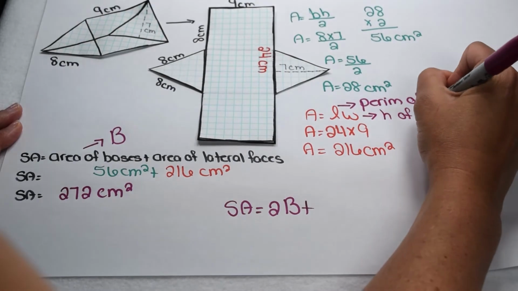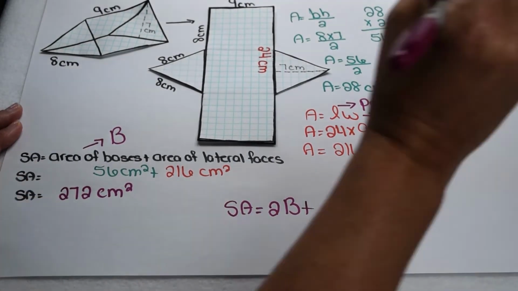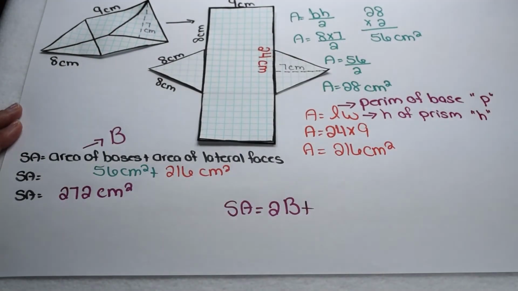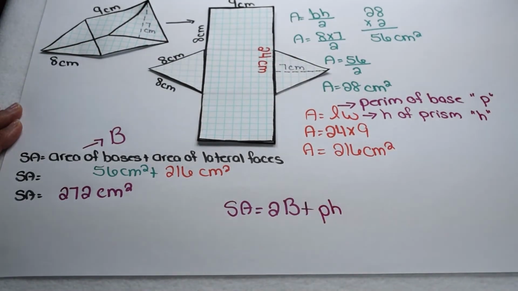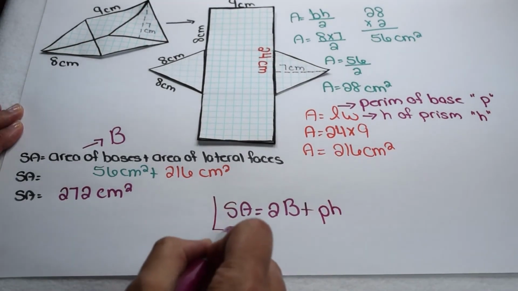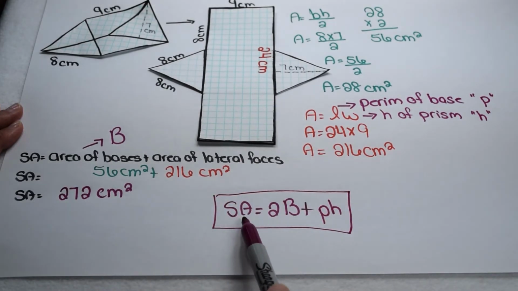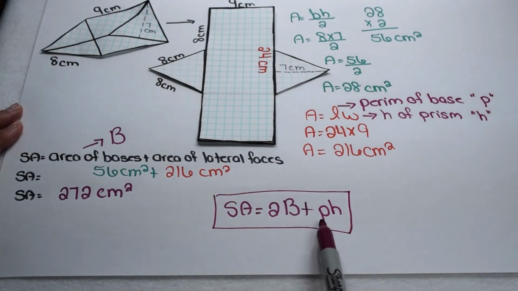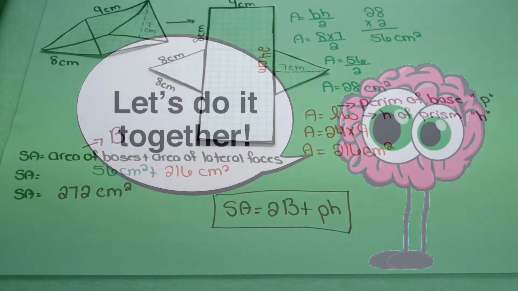So when we want to put those into our equation, we can use P to stand for perimeter of the base, and we can use H to stand for height of the prism. So instead of length times width, we can put P times H. So if we want to find the surface area for any prism, we can come back to this equation. Surface area is 2 times the area of the base plus the perimeter of the base times the height to give us the total surface area.